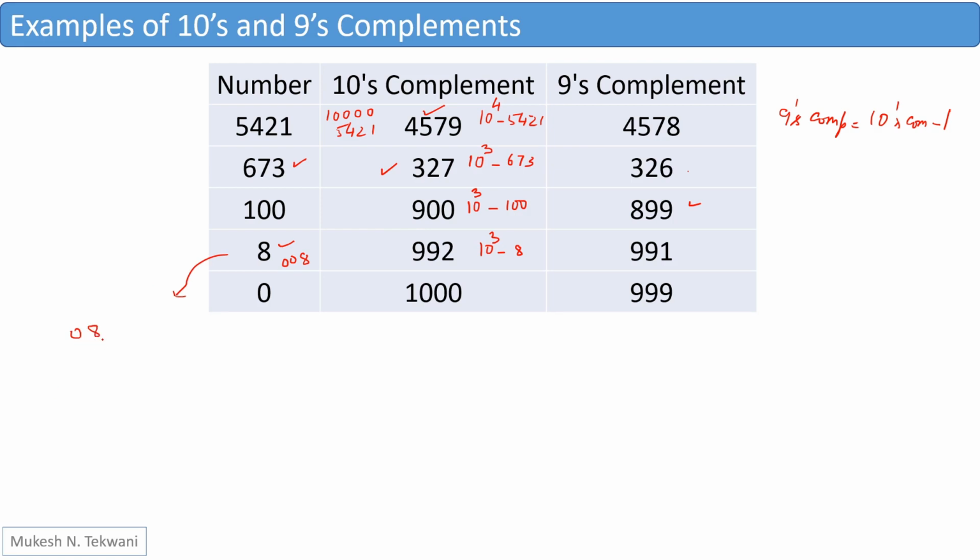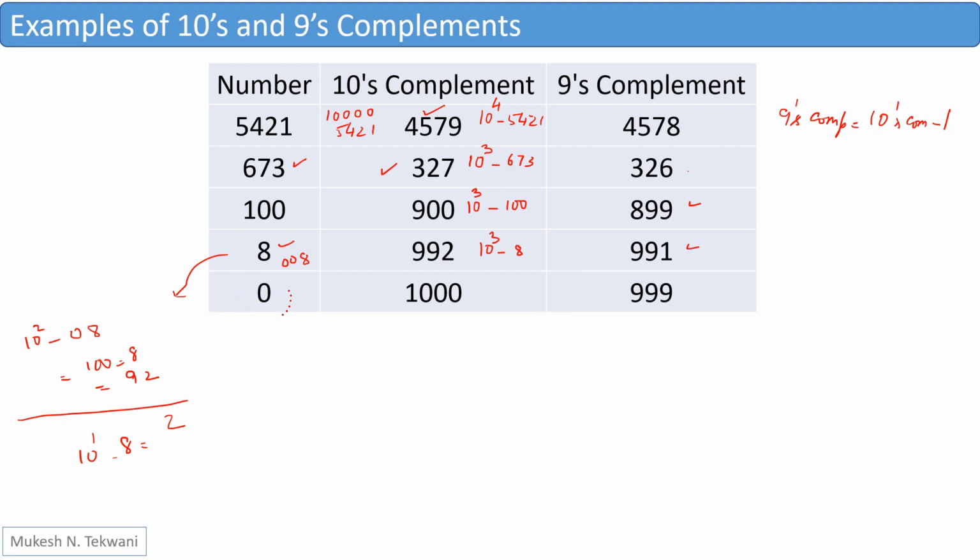Since it's a 2-digit number, we will subtract it from 10 raised to 2, which is 100 minus 8, which is 92. If on the other hand we treated this 8 as a 1-digit number, then we would say 10 raised to 1 minus 8, which is 2. So the tens complement that we obtain depends on how many digits we want to consider in the original number. So assuming this is treated as a 3-digit number with 008, we have the tens complement as 992, and the nines complement will be 1 less than that, that is 991.